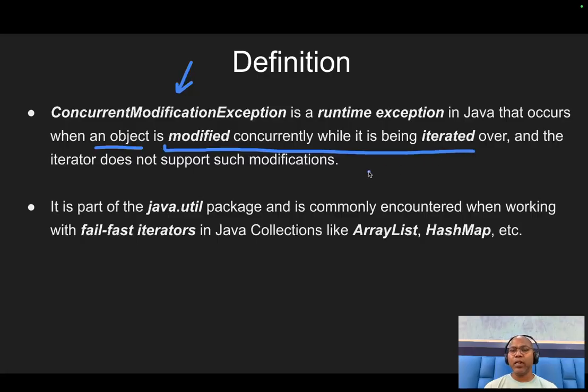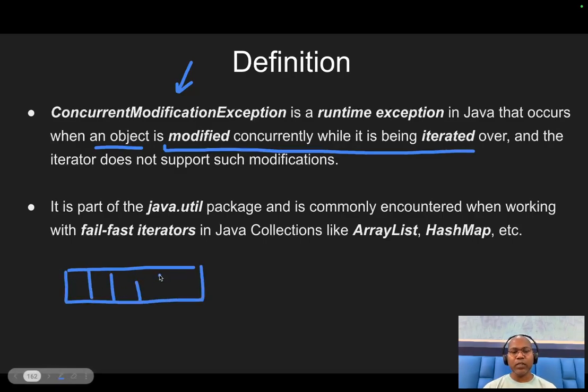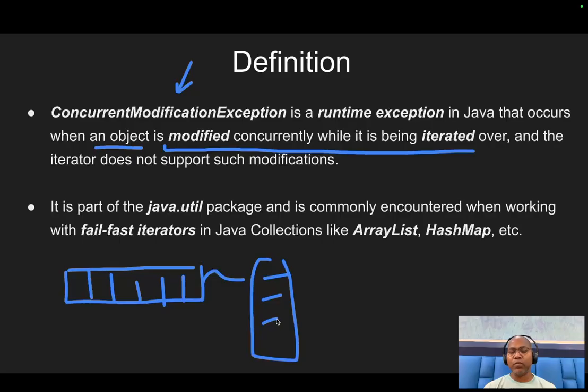So this is a runtime exception, and it occurs when an object is modified concurrently while being iterated over. Whenever you have a collection and you start an iterator, that means you are going to read the first value, second value, third value.